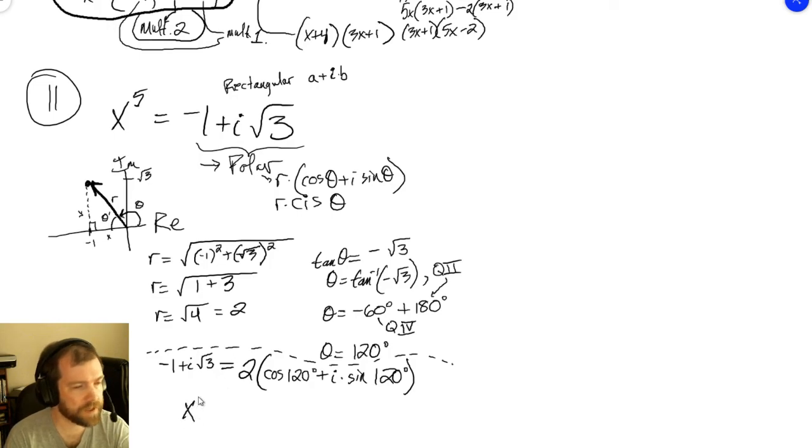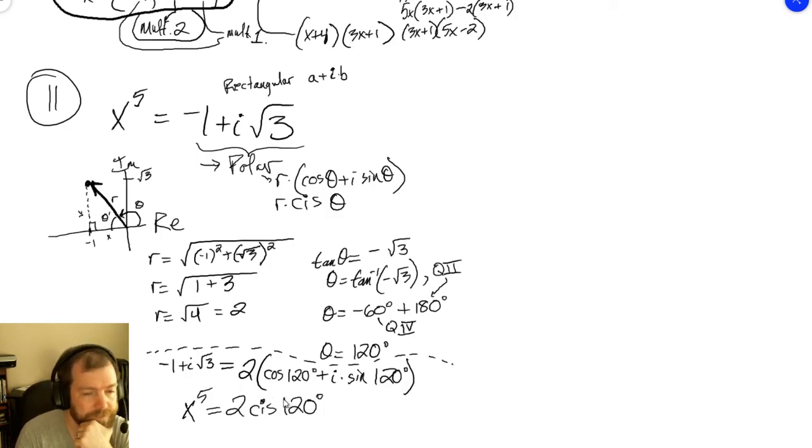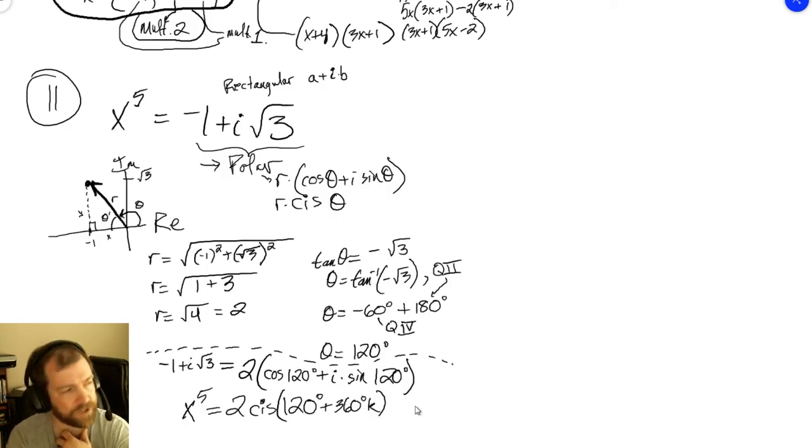So this is going to be x to the 5th is equal to 2 cis 120 degrees. But here's the thing. It's not just 120 degrees. It is, in fact, any coterminal angle to 120 degrees. So we can add 360 degrees k onto this and say it could be 120 degrees or any full rotation on top of that.